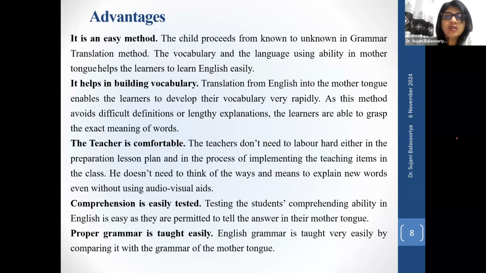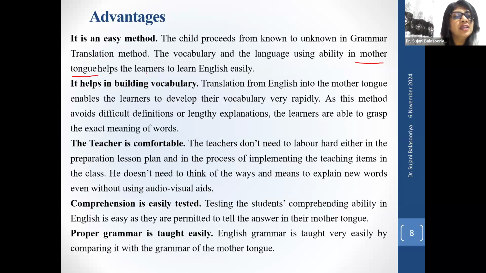Please read all these lines by yourselves. I am here taking the main idea. Mother tongue usage is the reason why we say it's easy for both the teacher as well as the learner to use.